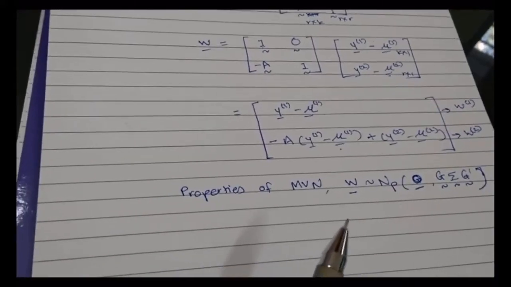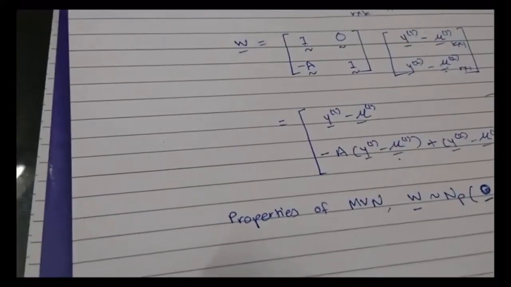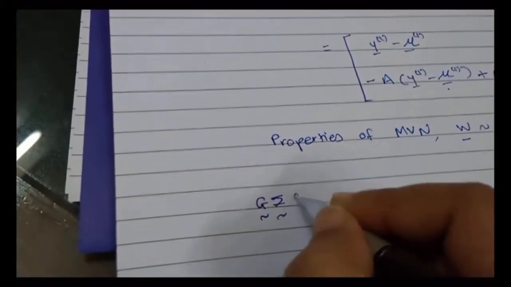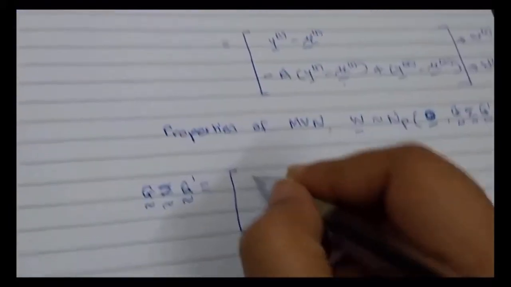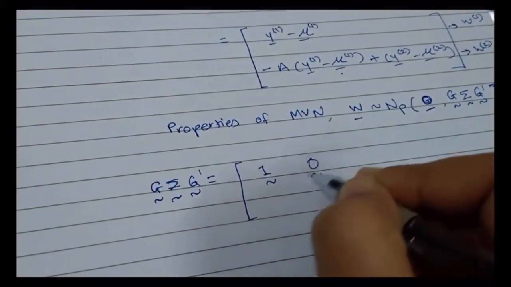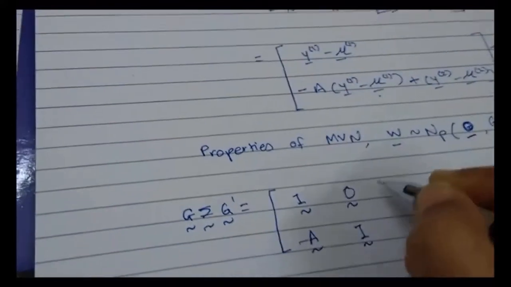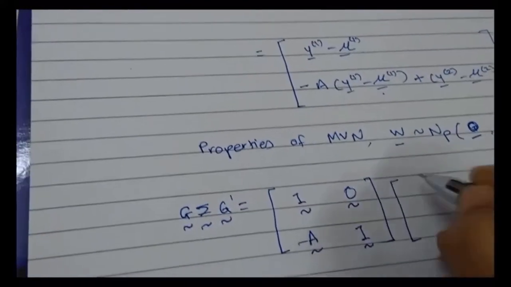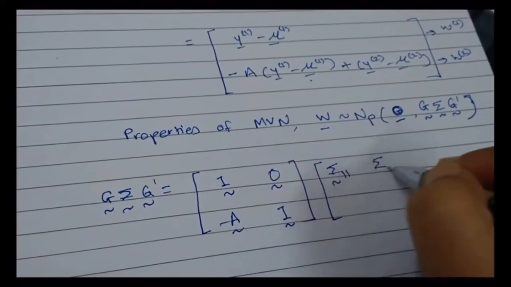Now what is G sigma G prime? Let us try to compute. So G sigma G prime, G I know is I, 0, minus A, I. Sigma I would again write in the partitioned form so that I can take the product of partitioned matrices.